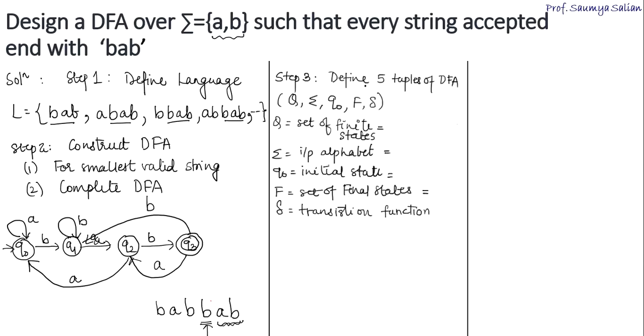Next step is to define the five tuples of DFA. We know that DFA is defined by 5 tuples: Q, sigma, Q0, F and delta. Q is a set of finite states. So here in our case, we have states Q0, Q1, Q2 and Q3.